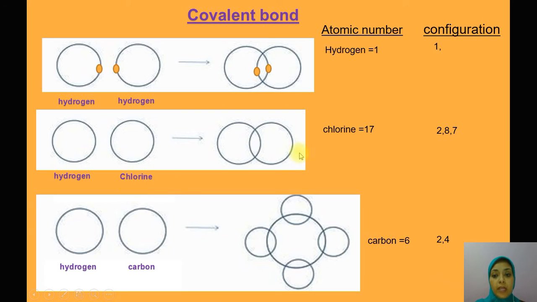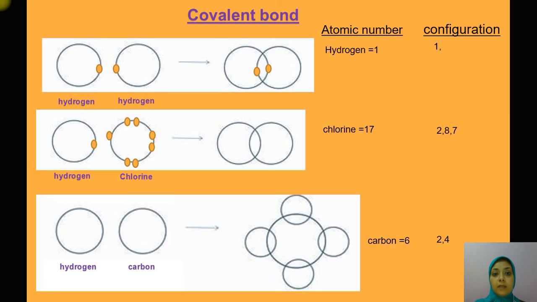We have chlorine with atomic number 17, or 17 electrons. The configuration for chlorine is 2, 8, 7, so the outer level contains 7 electrons.